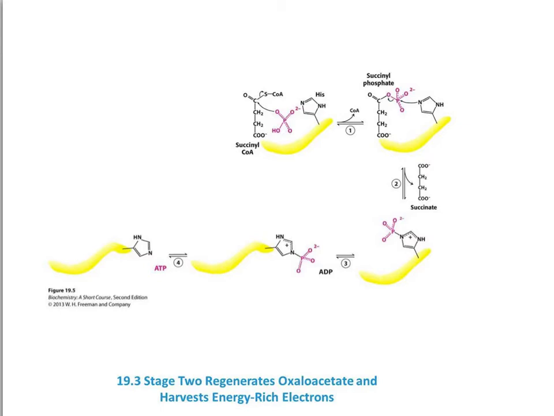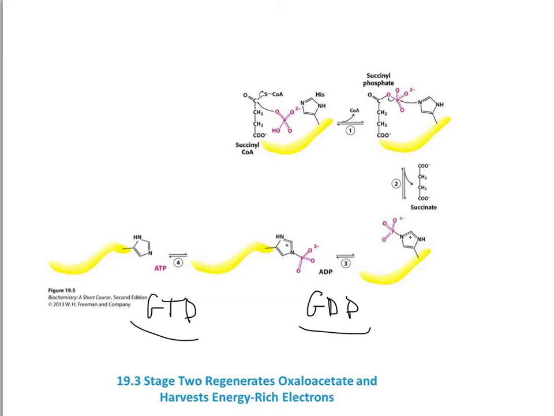In the slide just before it, we also mentioned GDP and GTP. It turns out that both of these can take place. It just depends on the enzyme. There are GDP favored succinyl-CoA synthetase enzymes, and in that way it can run backwards.